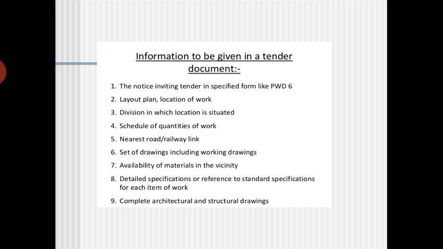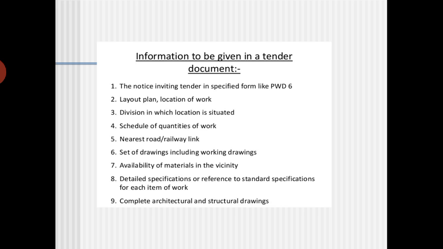So it is better to give the details of the nearest road link or the railway link, so that the materials can be supplied without disturbance or in an effective manner. A set of drawings including the working drawings has to be supplied. Means different types of drawings have to be supplied.